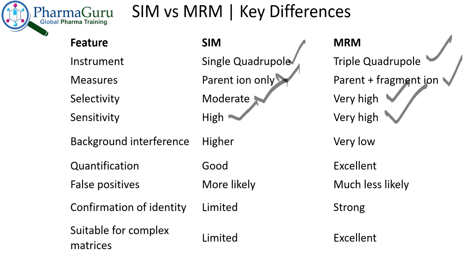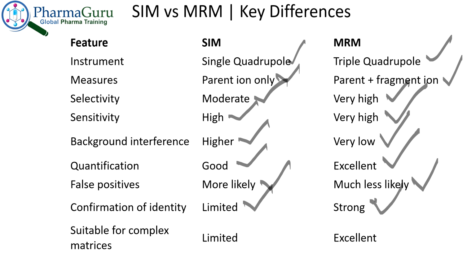Background interferences: SIM very high, MRM very low. Quantification: in SIM good, in MRM excellent. False positive: SIM more likely, MRM much less likely. Confirmation of identity: in SIM limited, in MRM strong.